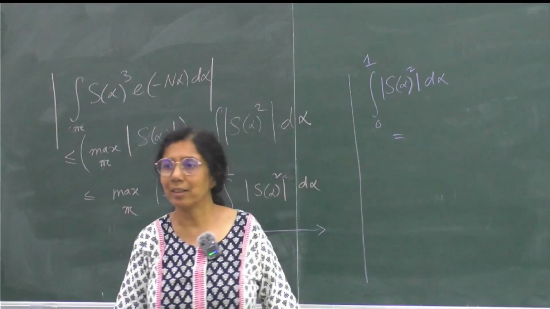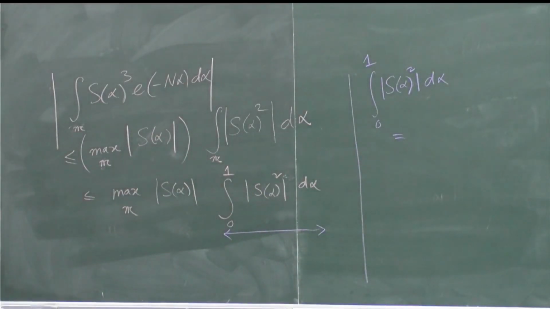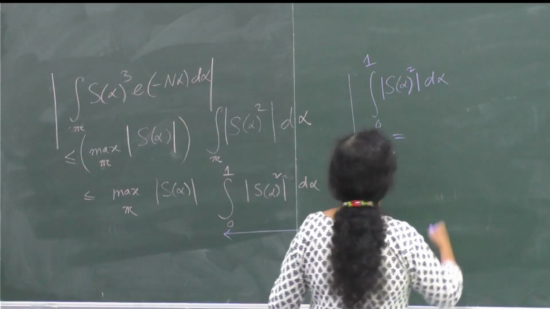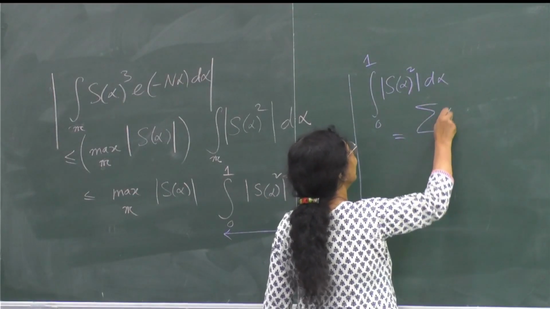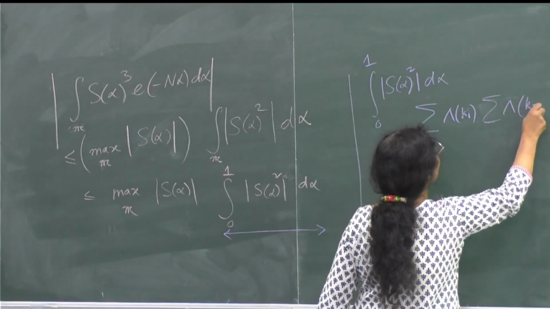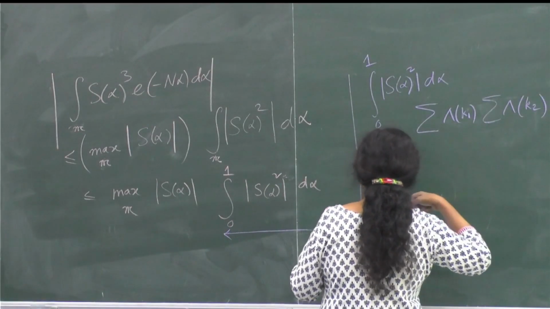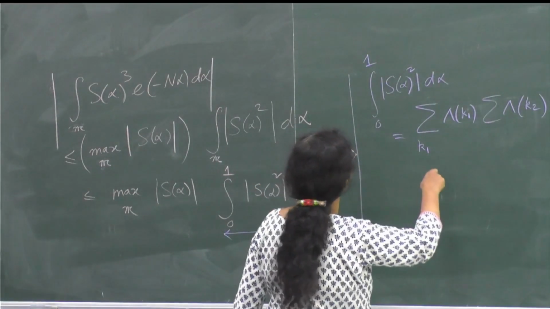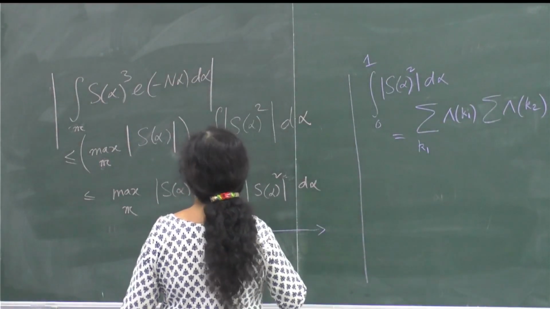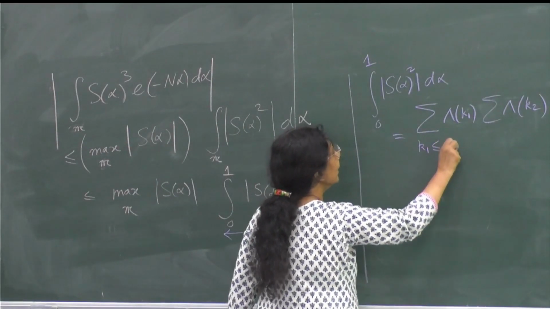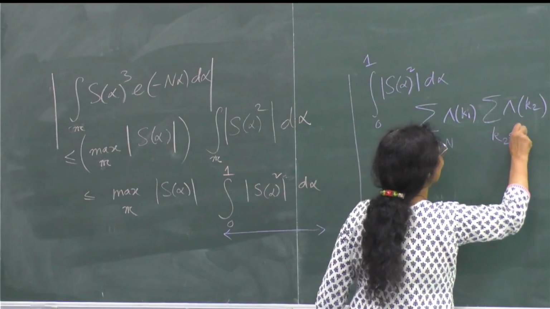So there's a square. Now we are going to have two conjugates, right? So lambda k1 and lambda k2. So we write this as lambda k1 and lambda k2. k1 and k2 will both be bounded by my little f. The capital N, this one. k1 is less than capital N and k2 is less than capital N.